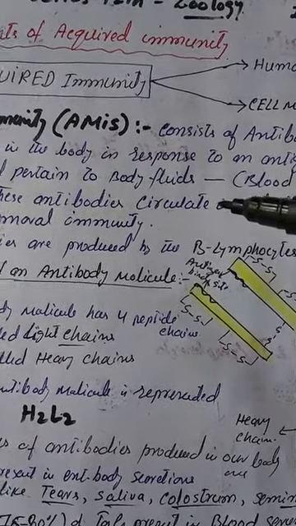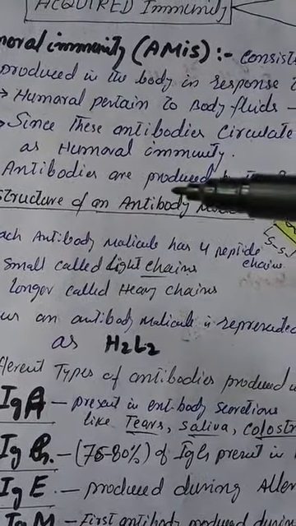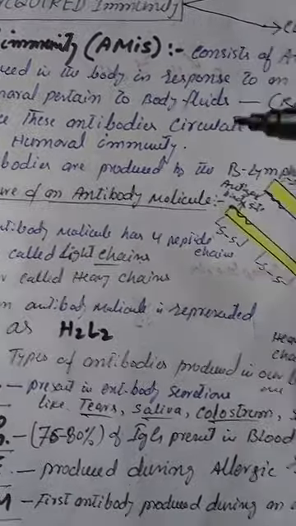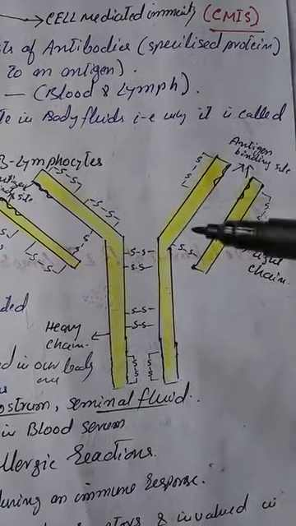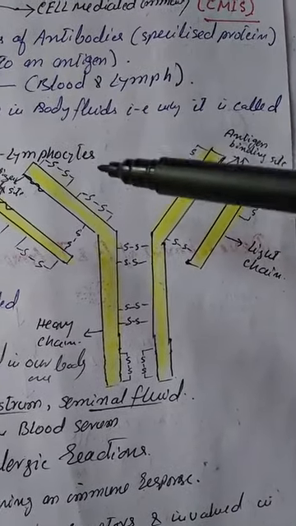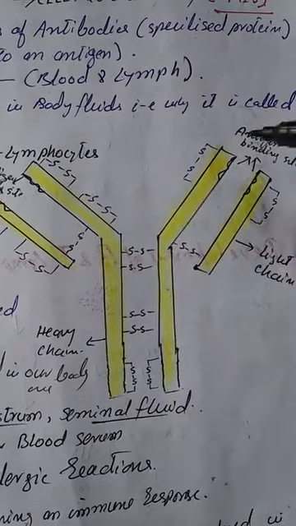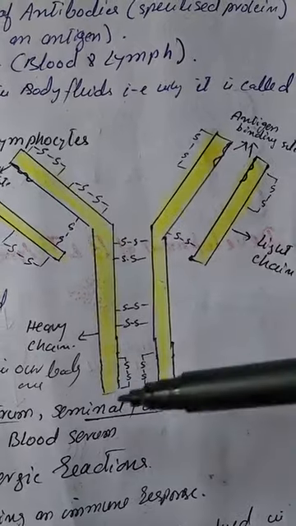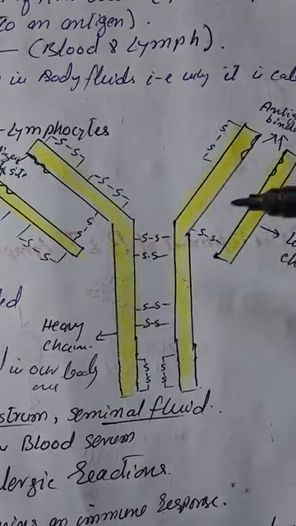First of all, we will discuss the general structure of an antibody molecule. As you can see in this sketch, it is a Y-shaped molecule, and each antibody molecule has 4 peptide chains: 2 long chains and 2 short chains on both sides.